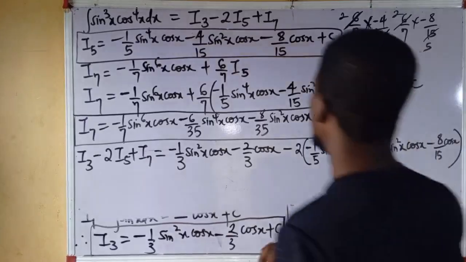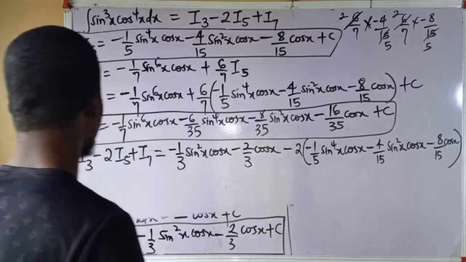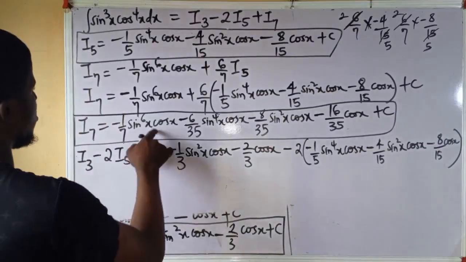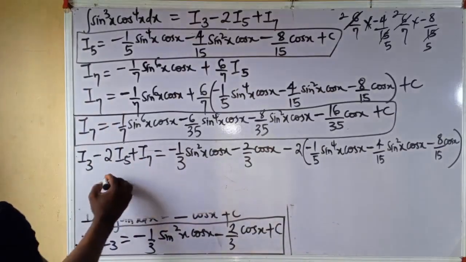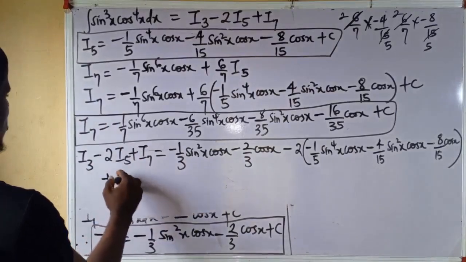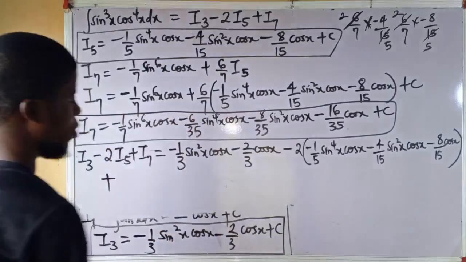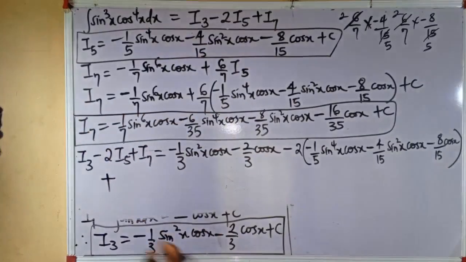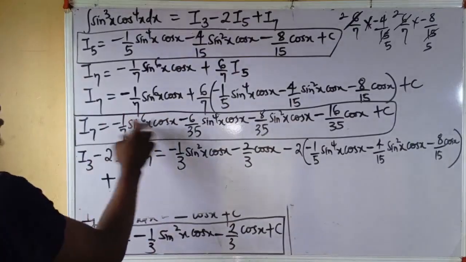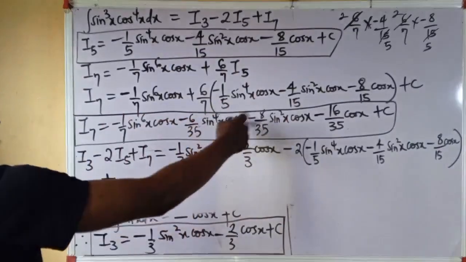Close the bracket. Neglect the constant of integration. Then I7 is this. I'll add it, plus I7. Since we are adding, I'll just write it the way it is. Since it is addition, plus times the signs that they have is still going to give us the signs that they have.